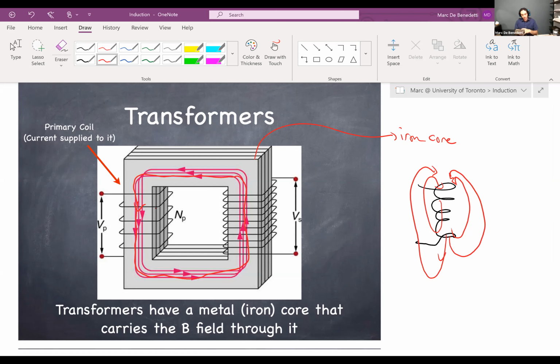This minimizes waste. This focuses the magnetic field into a well-defined loop, and iron is ferromagnetic, so the magnetic field wants to travel through that path.